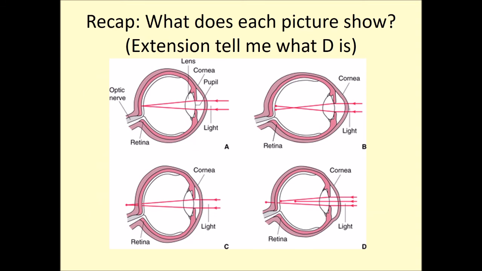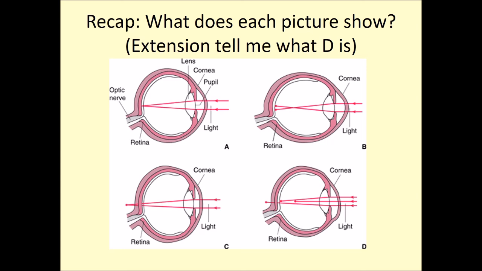Okay, so what does each picture show here? Picture A is showing light going into the eye, refracting through the lens and focusing at the point of the retina. So this is actually a very, very normal eye.